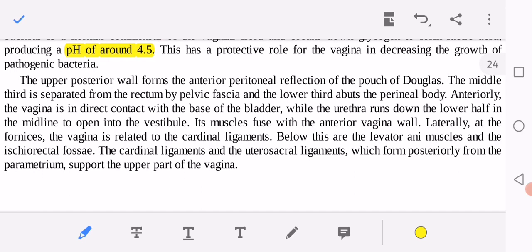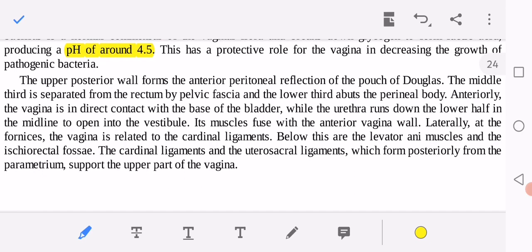The upper posterior wall forms the anterior peritoneal reflection of the pouch of Douglas, and the middle third is separated from the rectum by the pelvic fascia, and the lower third abuts the perineal body. Anteriorly, the vagina is in direct contact with the base of the bladder, while the urethra runs down the lower half in the midline to open into the vestibule, and its muscle fuses with the anterior vaginal wall.